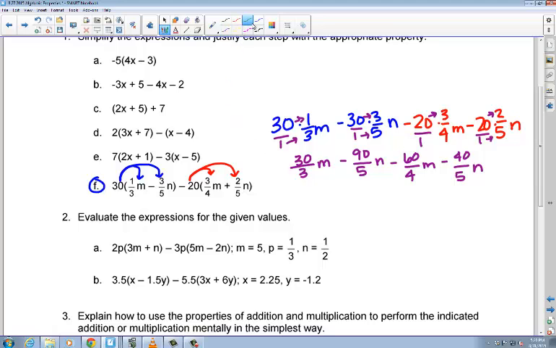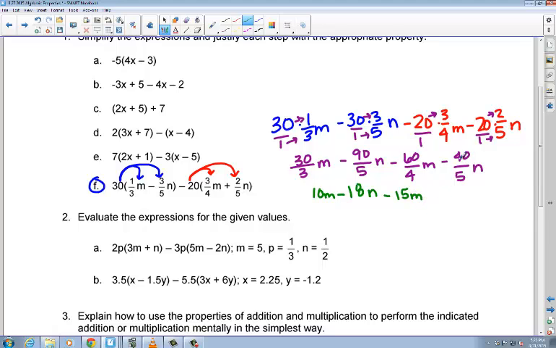Okay, now I can go back and say that 30 divided by 3 is 10M. And then I can safely say that 90 divided by 5 is a -18N. And 60 divided by 4 is a -15M.